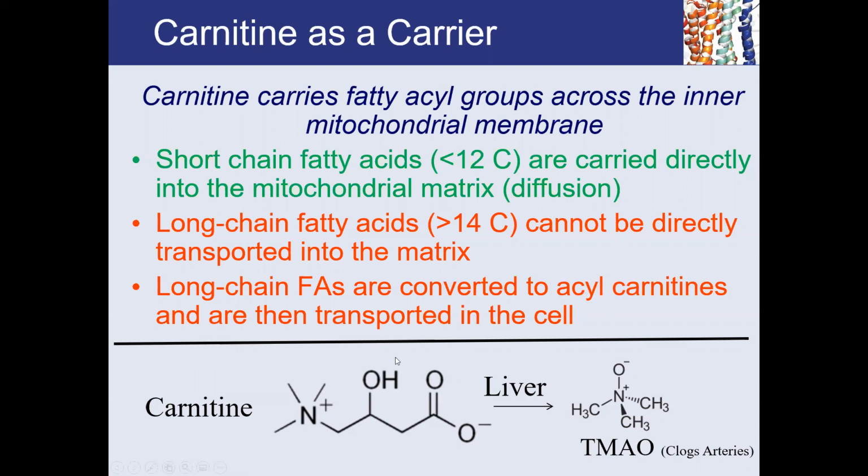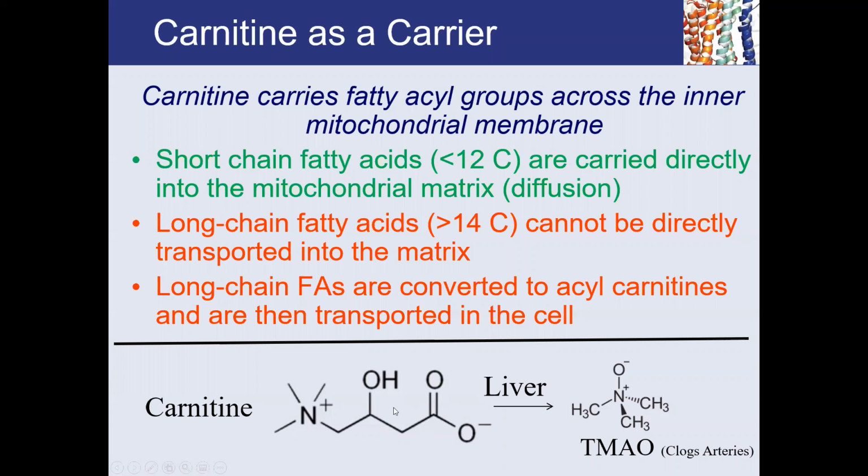So what does the carnitine molecule look like? The carnitine structure is shown here at the bottom. I just show it for the fun of it. Many eukaryotic cells can actually synthesize carnitine from, let's say, lysine. We can synthesize carnitine as well.